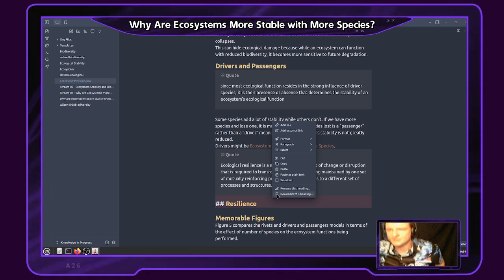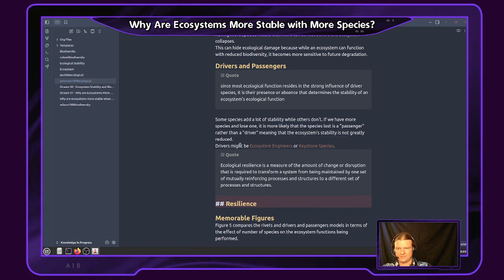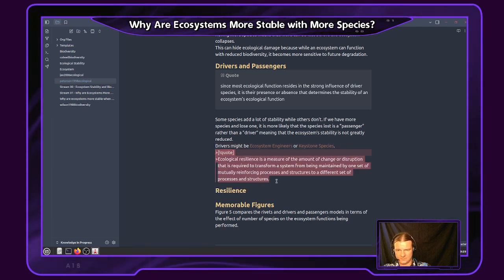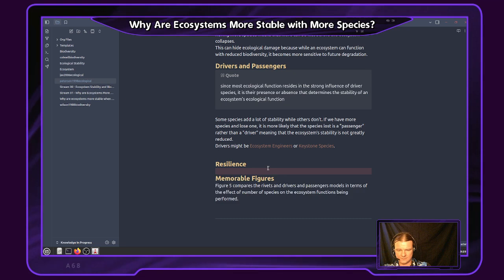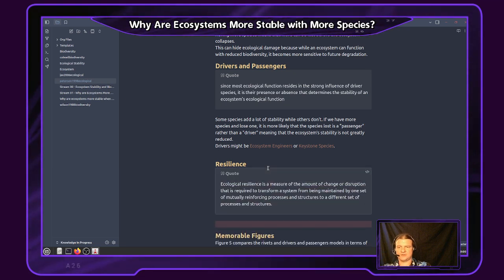All right. So now we might have all the parts we need to answer our question. Let's have a look here. This should be below ecological resistance, or ecological resilience, there we go.